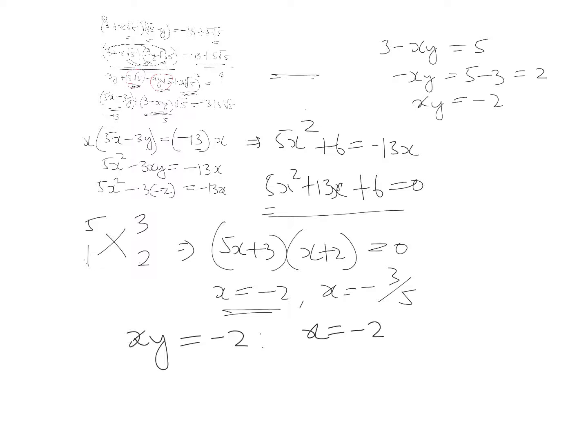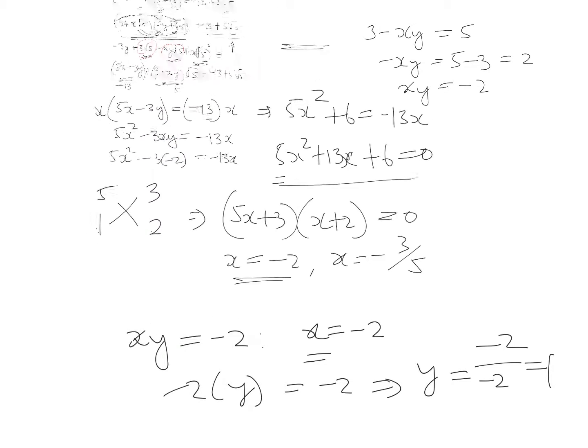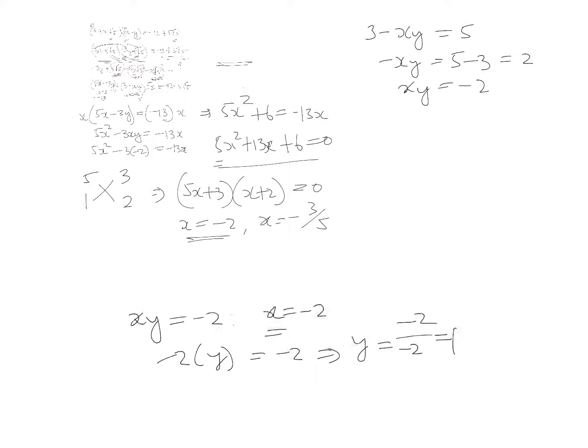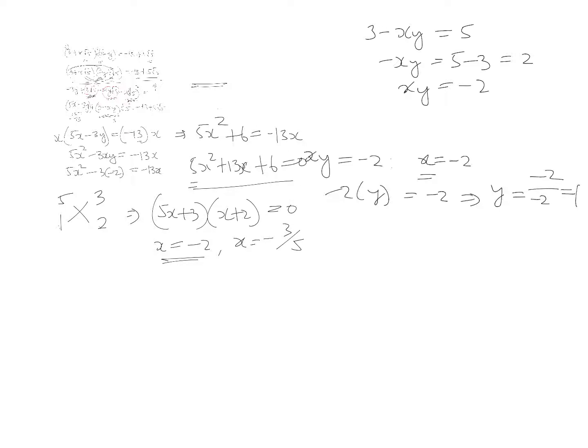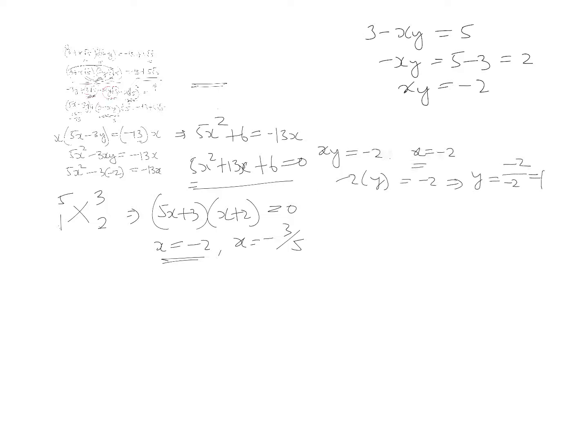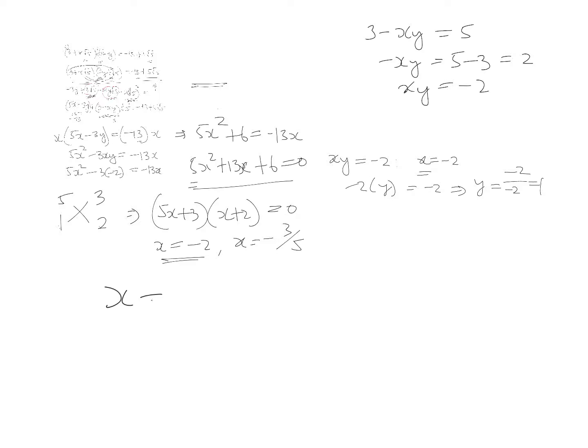Substituting in the formula, negative 2 times y is equal to negative 2, which would mean that y is equal to negative 2 over negative 2, which is equal to 1. So an answer for this question would be x is equal to negative 2, y is equal to 1. Okay? And that's the answer that the book has.